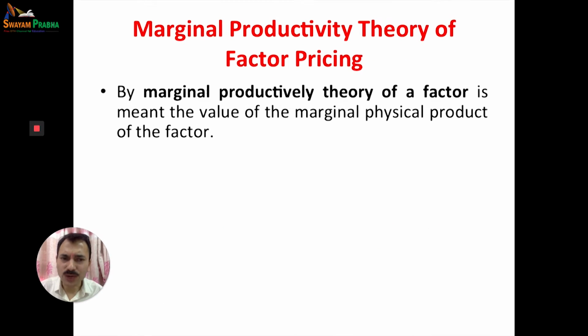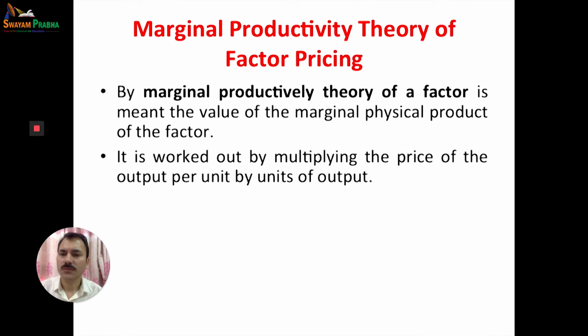By marginal productivity theory of a factor is meant the value of marginal physical product of the factor. When we express marginal productivity in terms of increase in quantity of output, say goods, it is called marginal physical productivity.